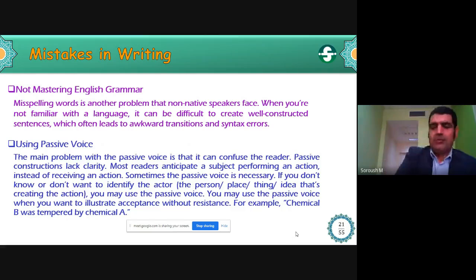There are some rules which are essential, and from the scientific point of view, there is a special tongue which is not essentially the same as the tongue that we find in, for example, some qualification exams like IELTS or TOEFL. The tongue of science is completely different. So it is essential to know which kind of writing we should use in writing our manuscript.